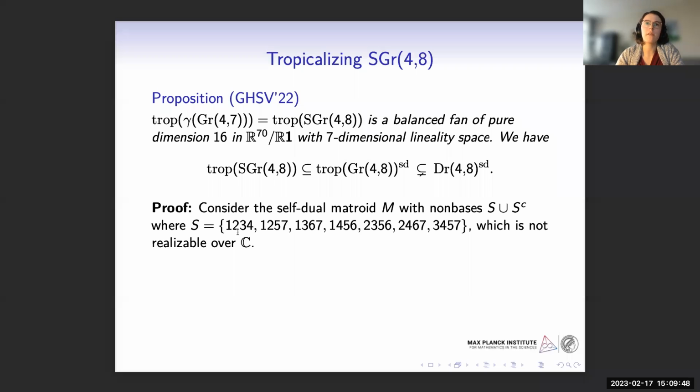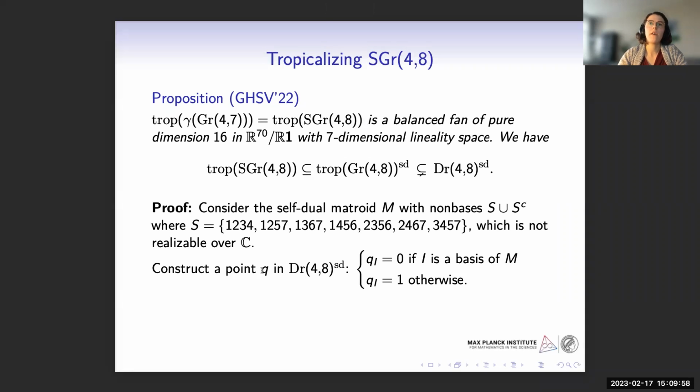There was one matroid that's not realizable over C. We pick this matroid and extend it to a matroid subdivision of the hypersimplex. Basically, we construct a point in the self-dual Dressian by setting each coordinate to 0 if the index is a basis of my matroid, and to 1 otherwise.